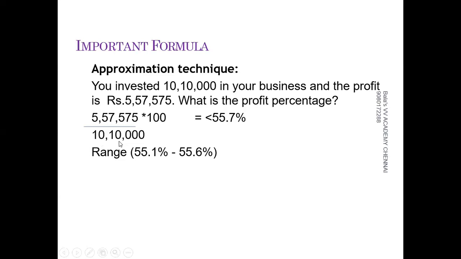So my returns will be less than 55.7. Is it clear, everybody? If it is clear, type C in the chat box.